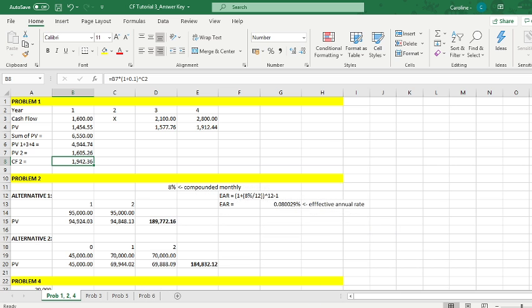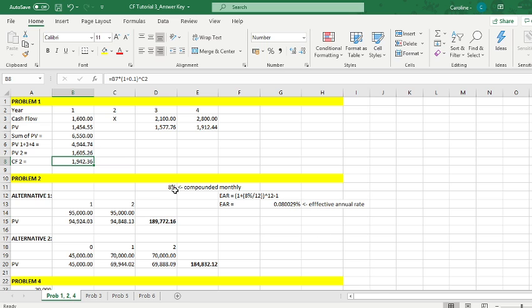So basically in this problem, you are given 2 alternatives. The first one will give you $95,000 for the first 2 years of the contract signing, and alternative 2 will provide you with $70,000 for the first 2 years, plus $45,000 as a bonus for the contract signing, and you receive the $45,000 immediately.